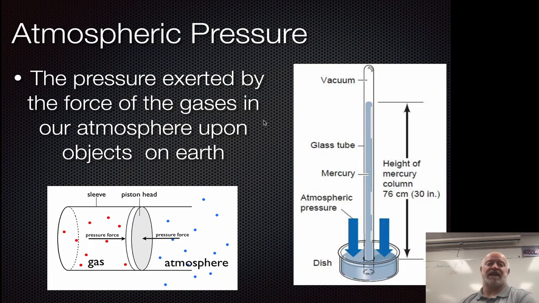The air around us has weight, and that weight pushes on us because there's pressure there, okay? So for example, if I have a gas inside a cylinder and it has a piston head which is movable left to right, the atmospheric pressure is going to be pushing on it inwards. The pressure from the gas particles on the inside pushes outwards, and they're going to find some sort of balance or equilibrium between the two where these 2 pressures equalize each other.